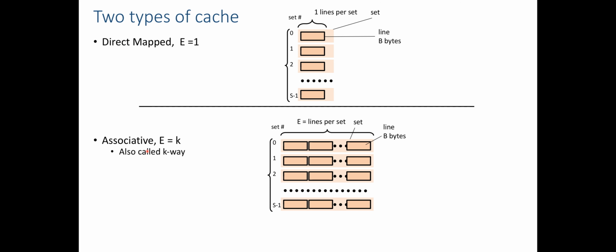And the other type is called associative, where E is some number more than 1. And it's also called K-way or E-way associative cache. And that's this example that I've been showing you so far.